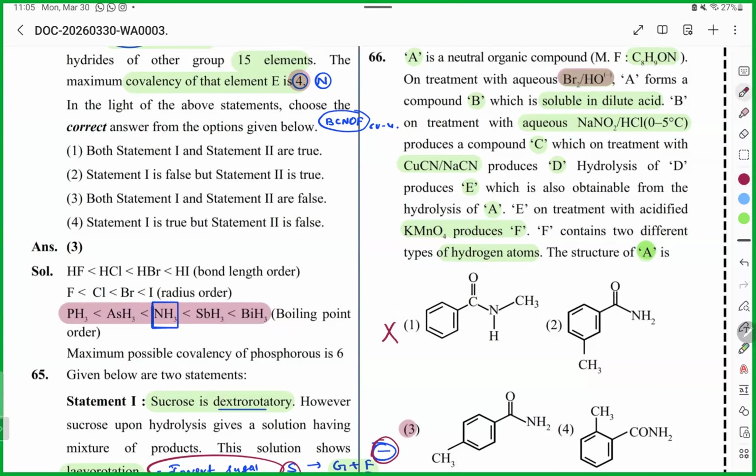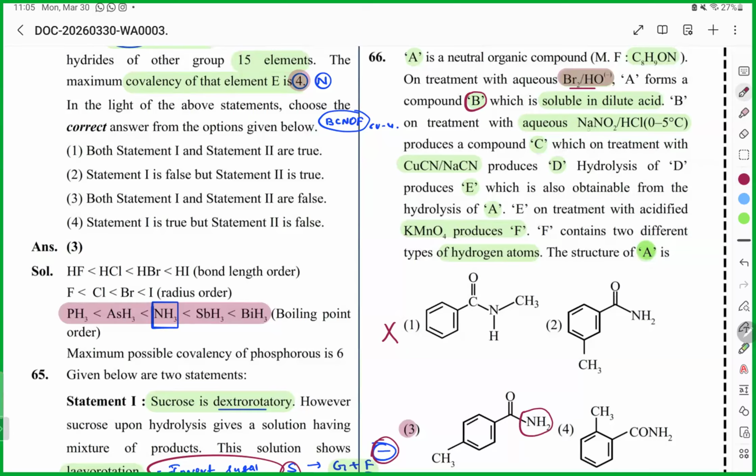On treatment with this, it will produce B. B is amide. B is soluble in acid, so it is base. Correct? Now we have to see what is ortho, meta, or para. That is the only thing.